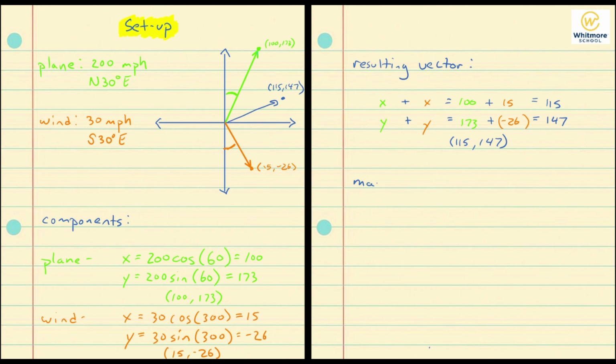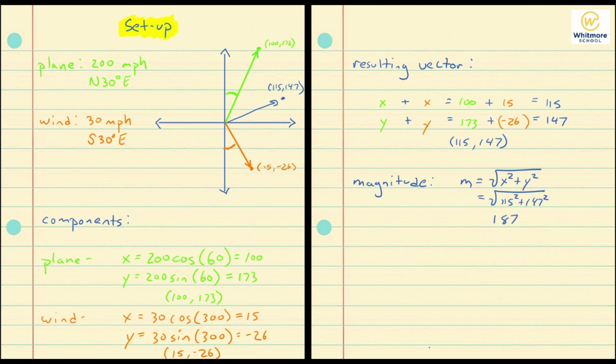Well, now that we've got the components for our resulting vector, it's very easy to figure out what the magnitude is. So to calculate the magnitude, if I call that m, that's going to be equal to the square root of x squared plus y squared. And so that equals the square root of 115 squared plus 147 squared, and that equals 187.